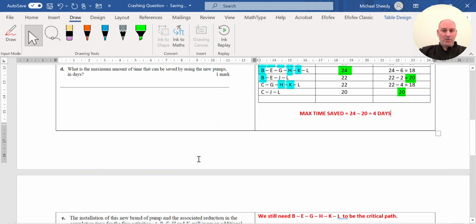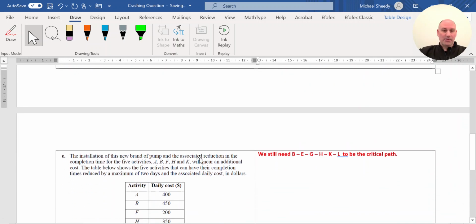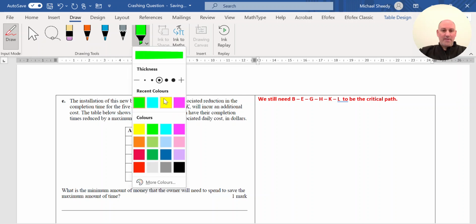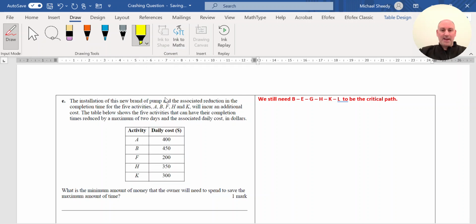Now, as I scroll down, I have another part of the question, the final part, part E. This says the installation of the new brand of pump and the associated reduction in the completion time for the 5 activities A, B, F, H, and K will incur an additional cost. The table below shows the 5 activities that can have their completion times reduced by a maximum of 2 days and the associated daily cost in dollars.